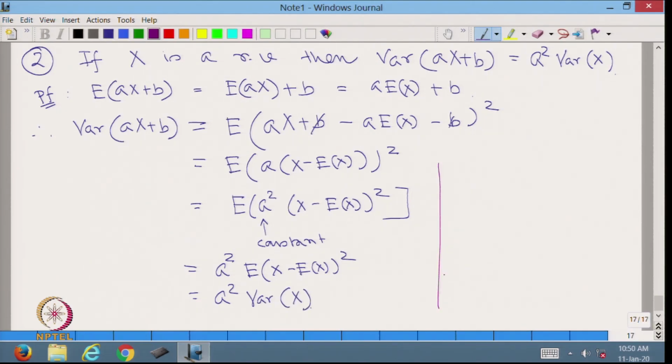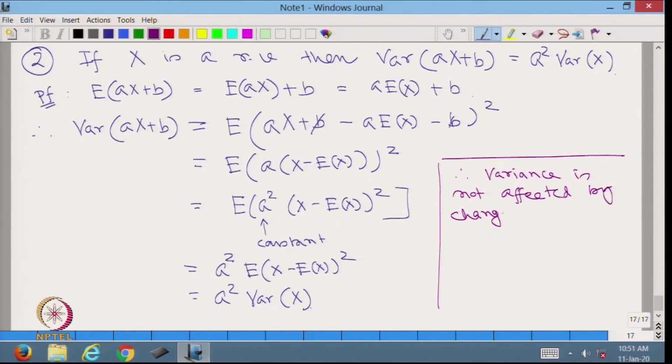Therefore, variance is not affected by change of origin.